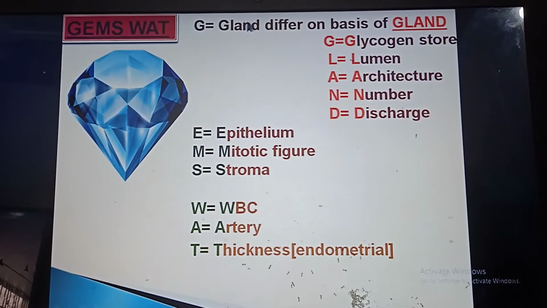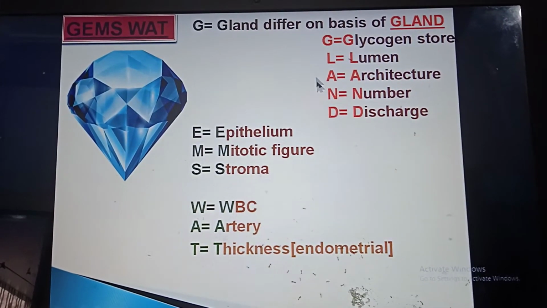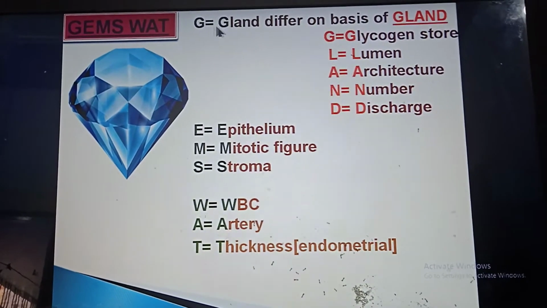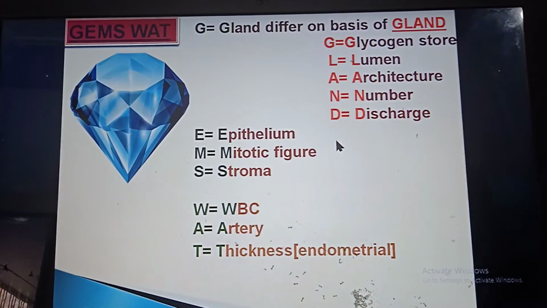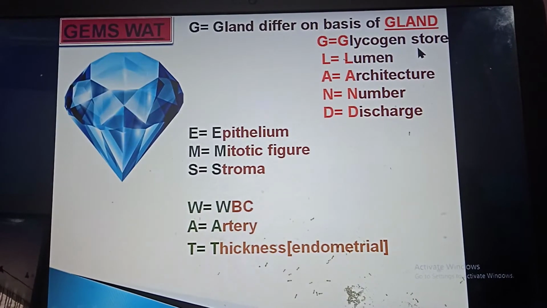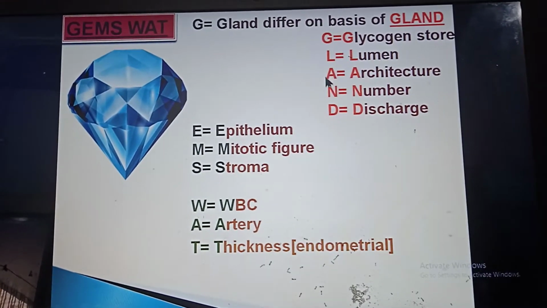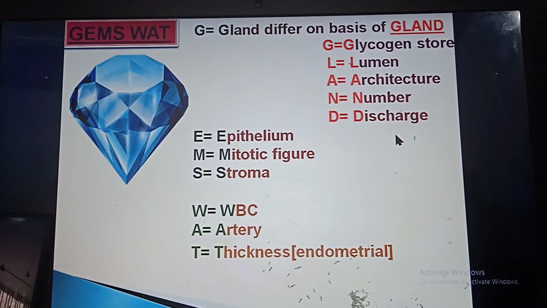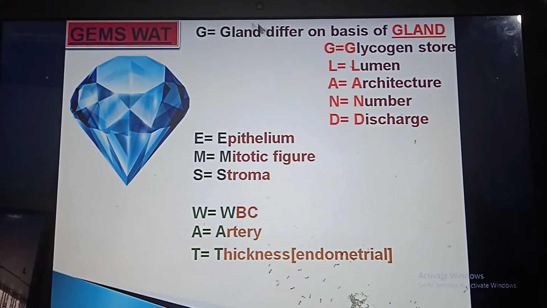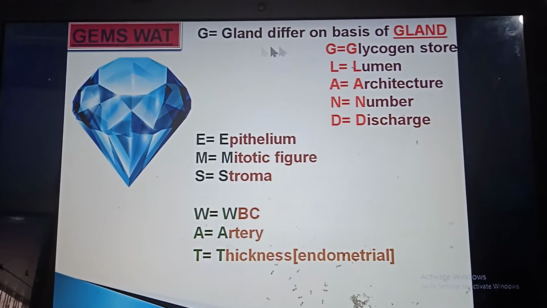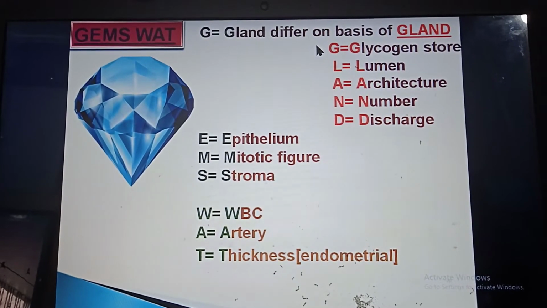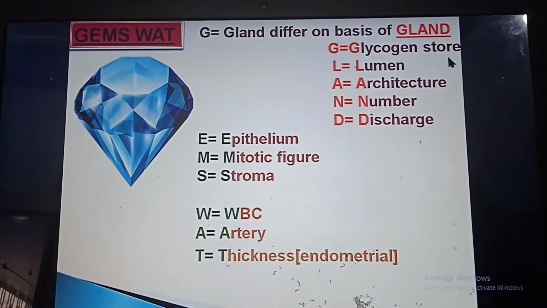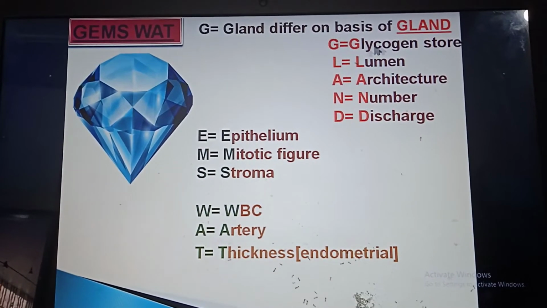Now gland is again divided; these are subheadings of gland. The gland has subheadings, that is glycogen store, L for lumen, A for architecture, N for number, and D for discharge. In secretory phase, glycogen store will be more, and the lumen wide.